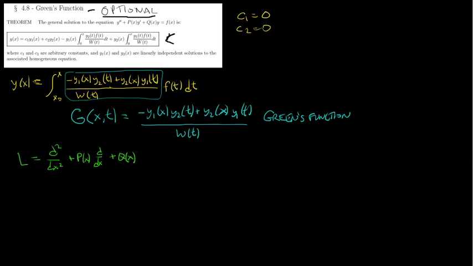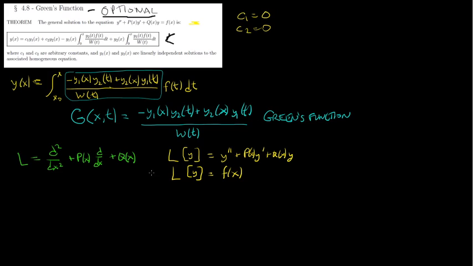And so here's the idea: if we apply this linear operator L to, let's say, y, this is just going to equal y double prime plus p of x times y prime plus q of x times y. And so this differential equation up here can now be written as L of y equals f of x, f of x being the non-homogeneous part.